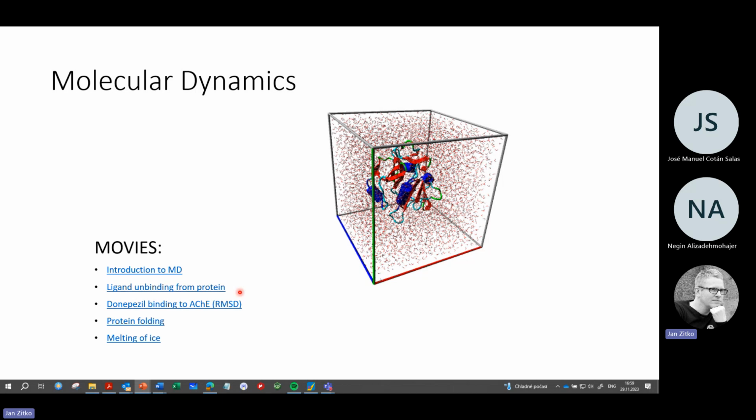You should know how the outcomes are analyzed, so the trajectory analysis by RMSD and RMSF, and the basic difference between these two. And then in the final test, we are asking about some special aspects of molecular dynamics, for example QM/MM molecular dynamics, SMD, steered molecular dynamics, and similar things.